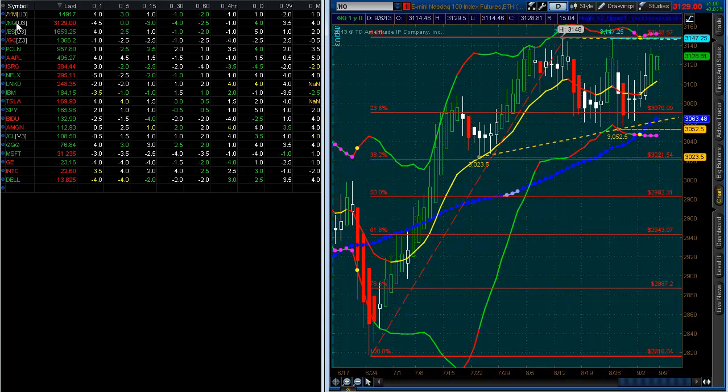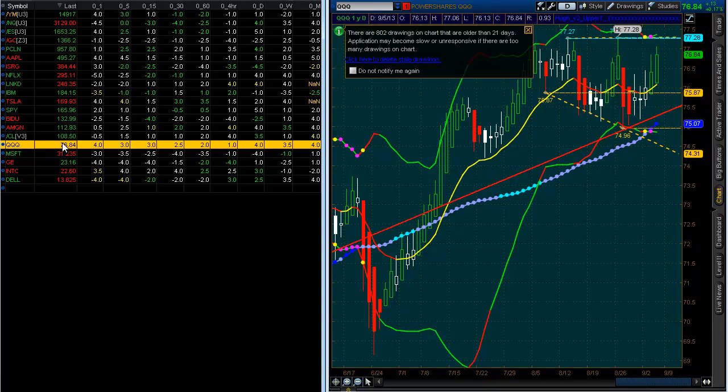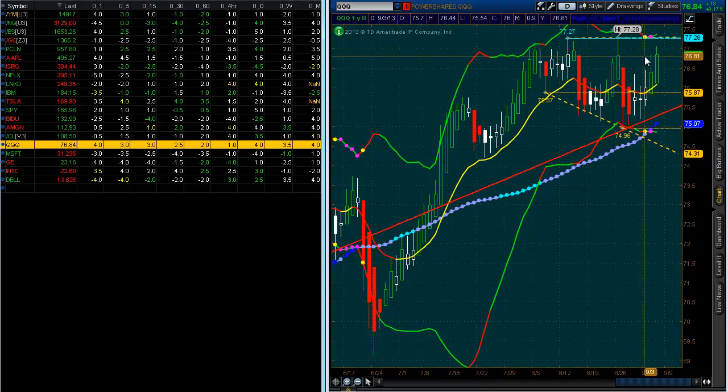Also, if you're not a futures trader, you can just put in QQQ right here, and you can see a squeeze. It's also in a squeeze on the 5, the 30-minute, the 60-minute, and so forth. So we can put up the QQQ, link to that, and you can see here the daily is in a squeeze.